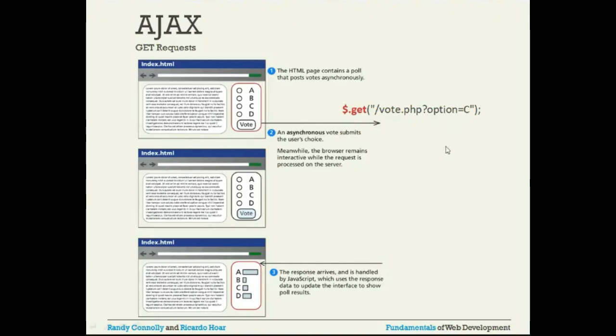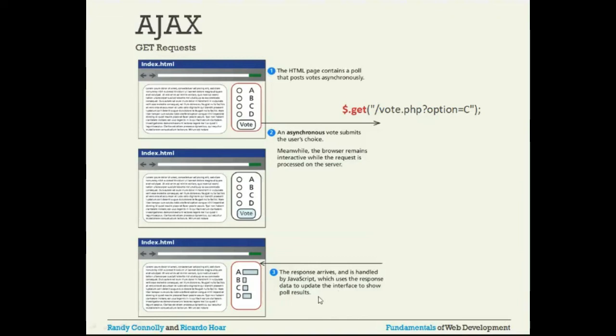Asynchronously, it submits the user's choice. Meanwhile, the browser remains interactive. When the request has been sent, it will take certain time to be processed, and at that time there is no change in the browser; the rest of the browser functionality is as is. Once the response is received from the server, it is handled by the JavaScript, which uses the response data to update the interface to show the poll results.